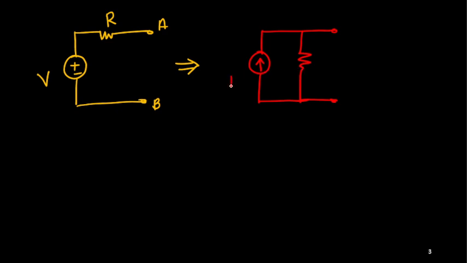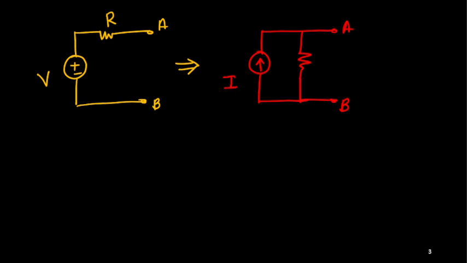So this current source value is suppose I, and this resistance. Now the question is, we can convert this voltage source to this current source between the same nodes A and B. So what is the magnitude of this current and what is the magnitude of this resistance?